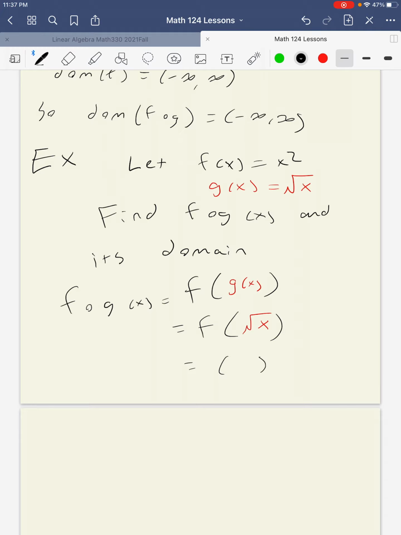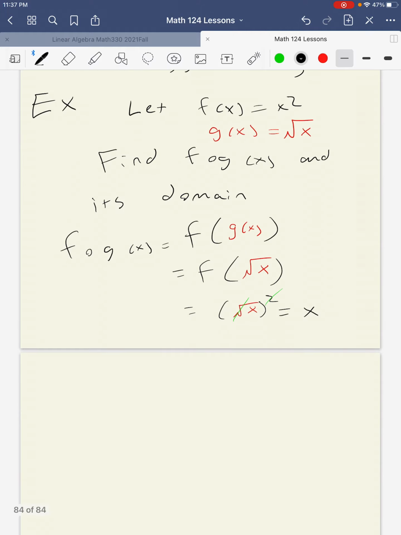Now f is just the function that squares whatever you plug into it. So we get this. Now notice how the square root and the square cancel, and we're left with x. Alright, so f of g of x equals x.